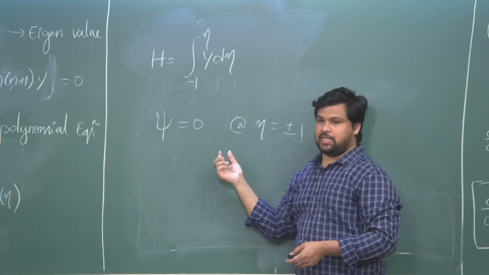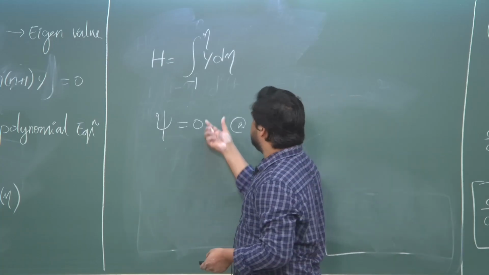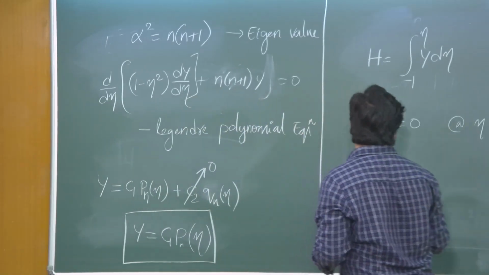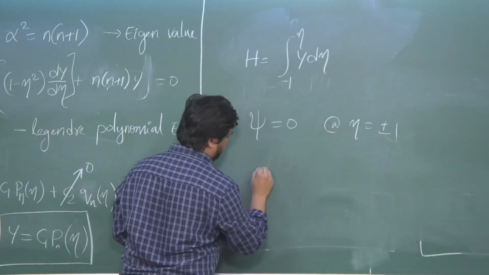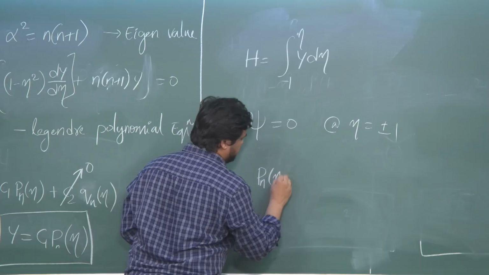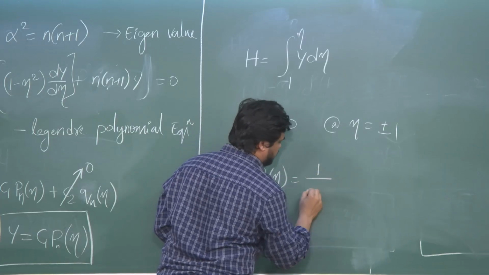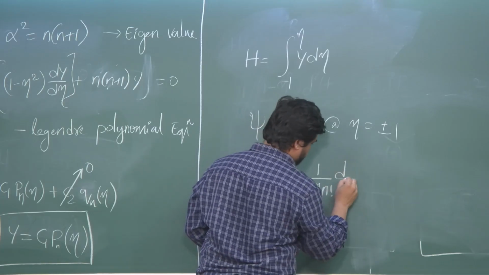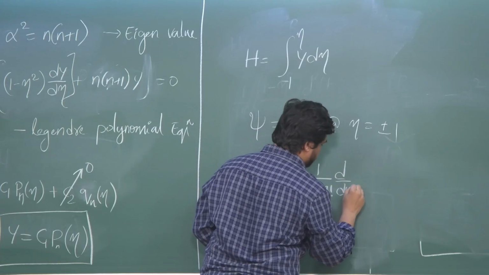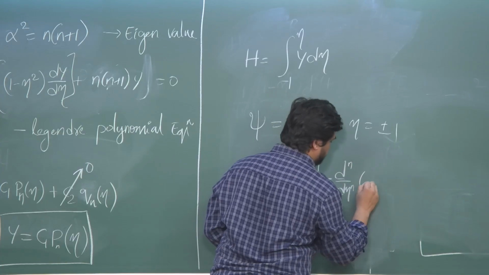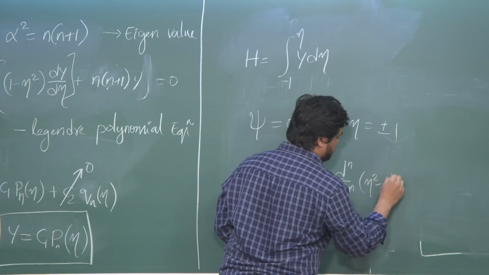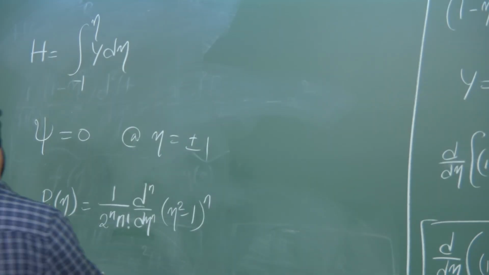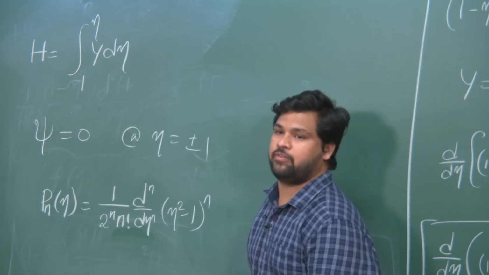We will see how it satisfies the boundary conditions. The expression for Pn of eta is given here: Pn of eta is 1 by 2 power n, n factorial, d by d eta power n of (eta square minus 1) power n.